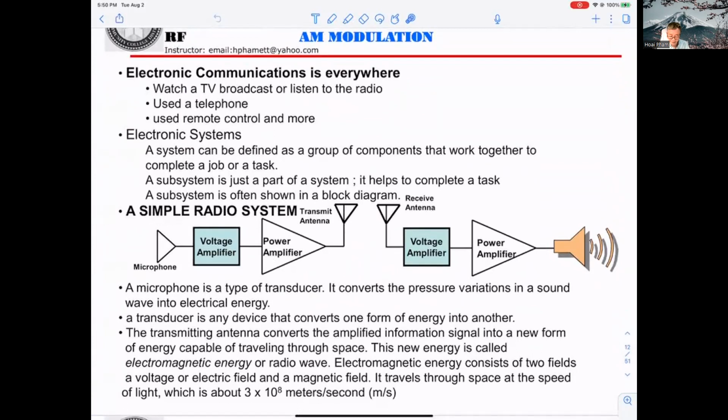Okay, and electronic communication is everywhere. You've got TV broadcast, listening to radio, using your telephone or remote control, and more. So basically in here they give you a simple picture of how the signal is transmitted over the air. This is a microphone. Your voice will be converted to an electrical wave.